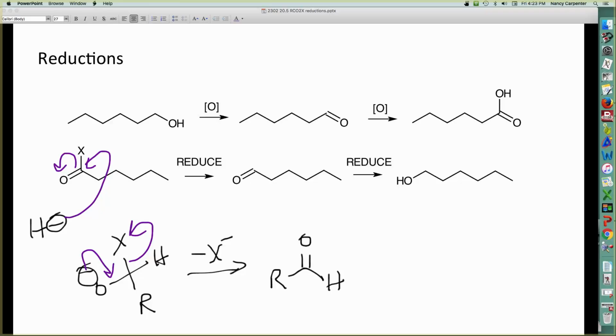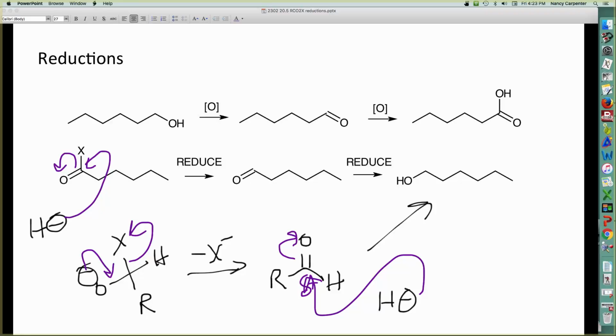Well, what's this guy? Hey, this guy is an aldehyde, a carbonyl, and something that is desperately ready to be attacked by H-. And so that is why we keep reducing all the way down to the primary alcohol.